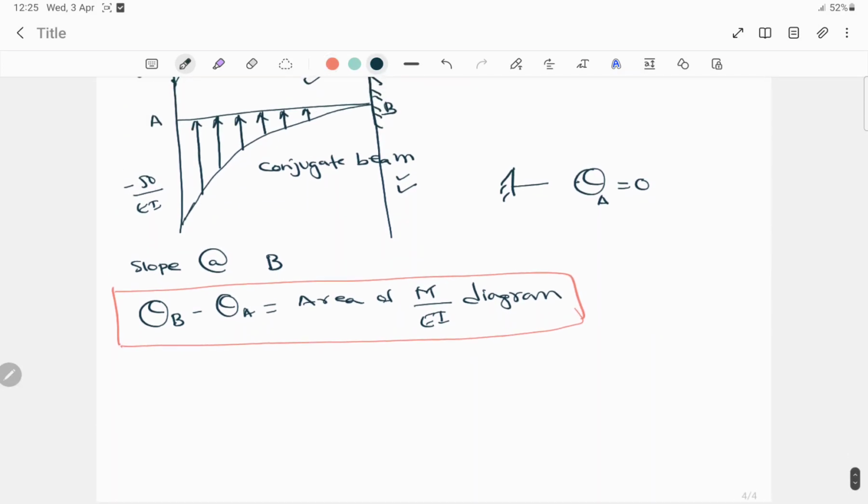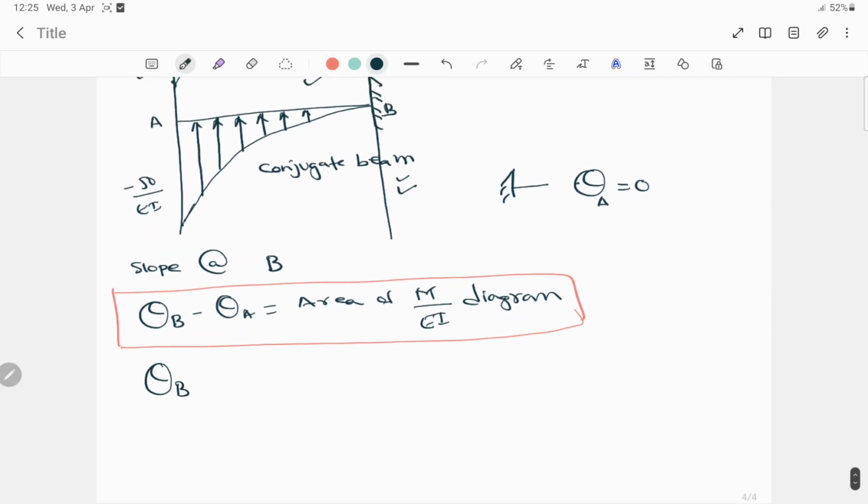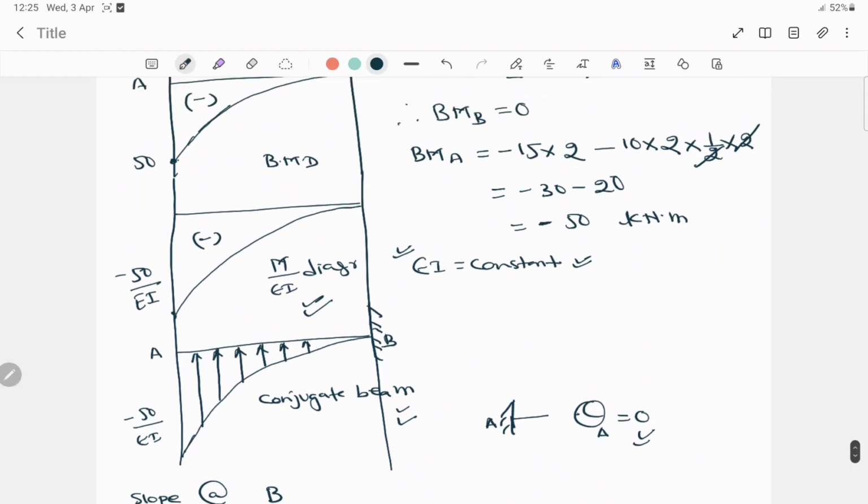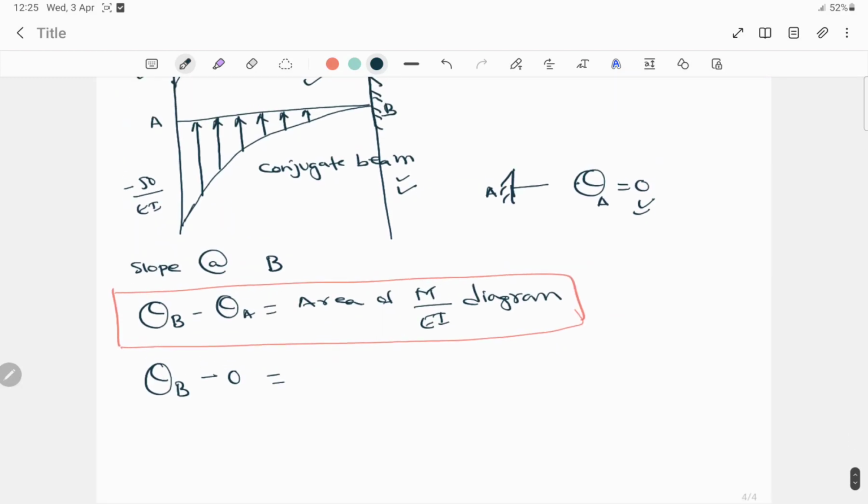Now here slope at B, something will be there, but in case of slope at A, as it is fixed, slope will be 0. So minus 0 is equal to the area of the M by EI diagram. We know that this is the shape of the bending moment diagram, so to find the area, we have a formula that is 1 by 3 into H into B. What is H? This value is minus 50.